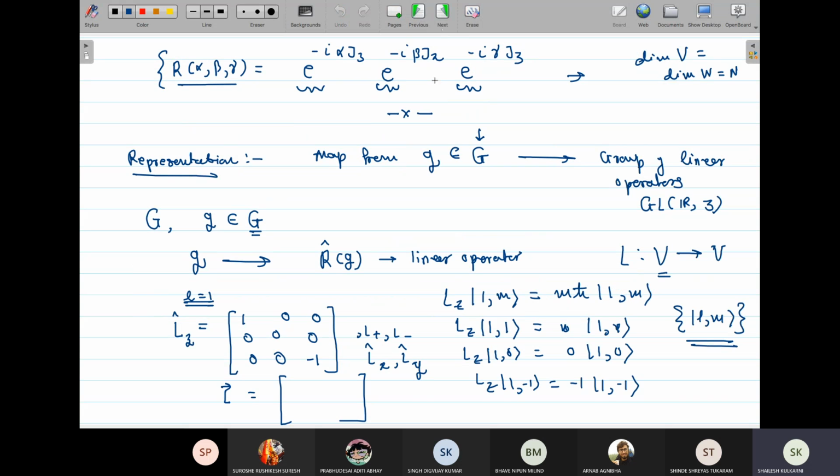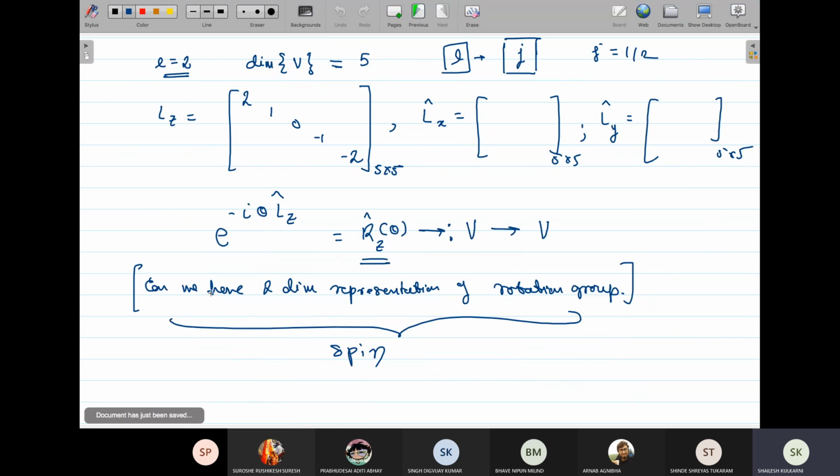I have defined the representation in a very vague manner, but that is sufficient. Then I will tell you the problem with J equal to half. If you blindly follow this procedure, there is a slight problem.